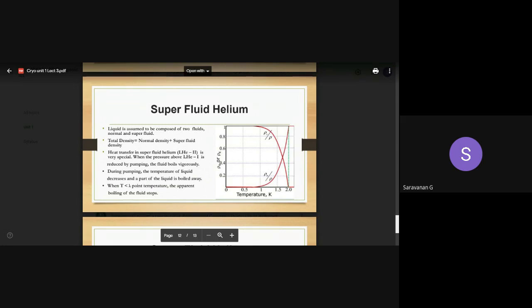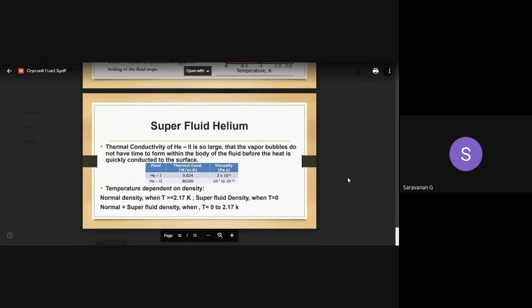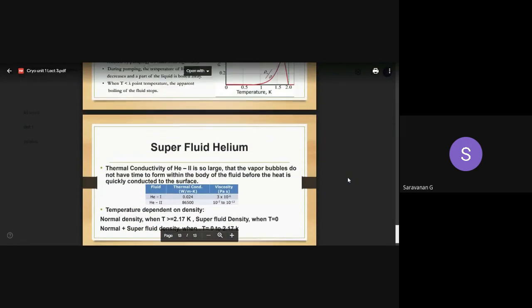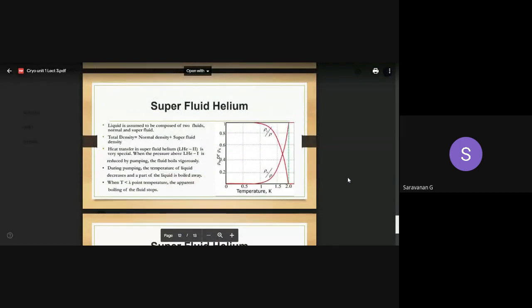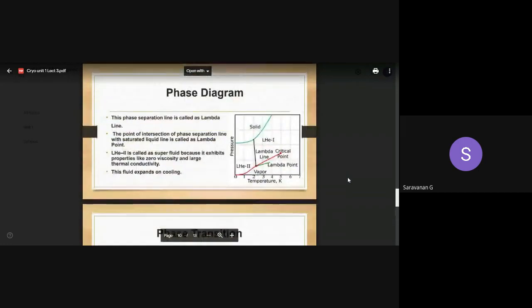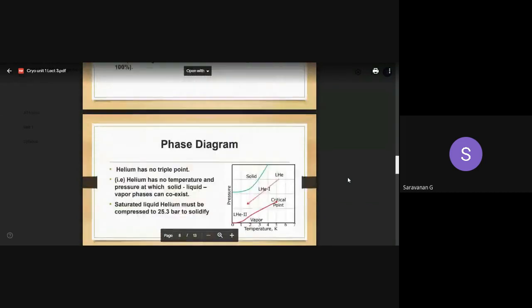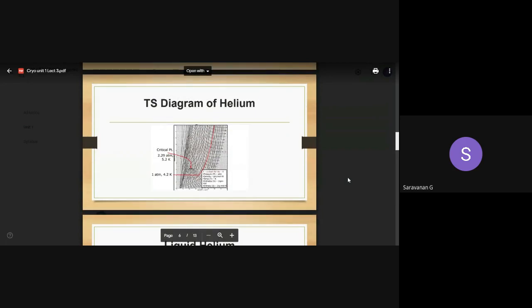These are all about the background: the properties, viscosity, density, conductivity, heat transfer, temperatures, pressures, lambda point, lambda line, and the second order phase transition, all coming under the fluid called liquid helium.